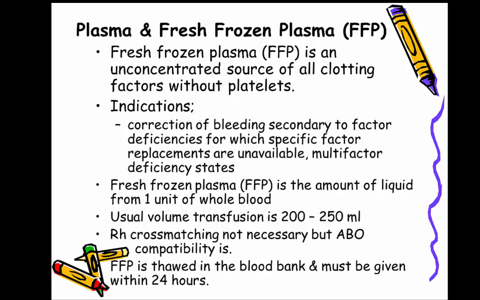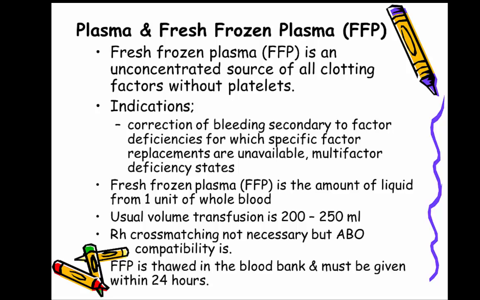People can receive plasma or fresh frozen plasma, which is an unconcentrated source, and it's just the plasma with all the clotting factors, but no platelets and no blood cells. So we want to help with some bleeding. We want to replace some volume, and we have multiple clotting factors that we want to think about.